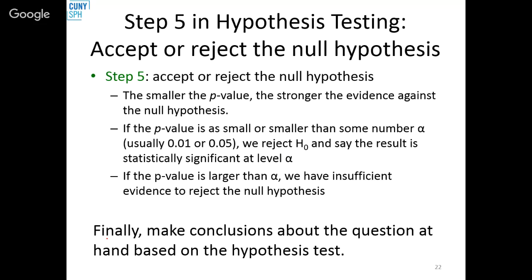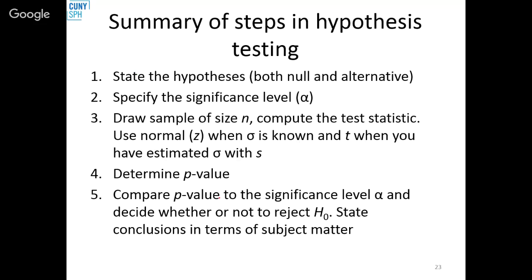If there's a low probability of it having occurred under that null distribution, you reject your null hypothesis and accept the alternative. And then finally make conclusions about your question at hand in terms of the subject matter based on the results of the hypothesis test. So, a 5-step process. I won't go through them again. I'll spare you.